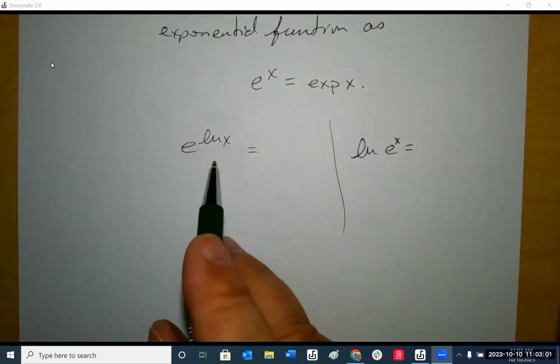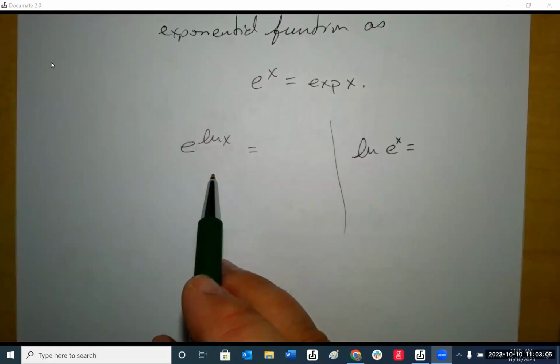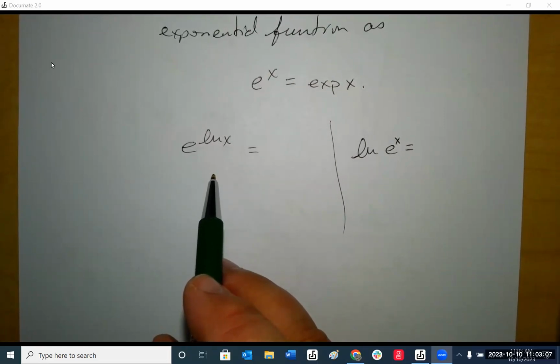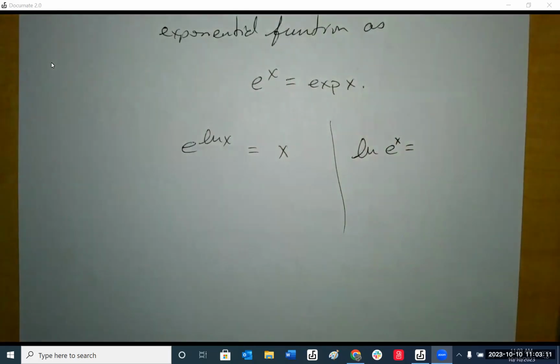What does this first one equal? Oh, okay. It equals x, yes. Why? How do we prove that?